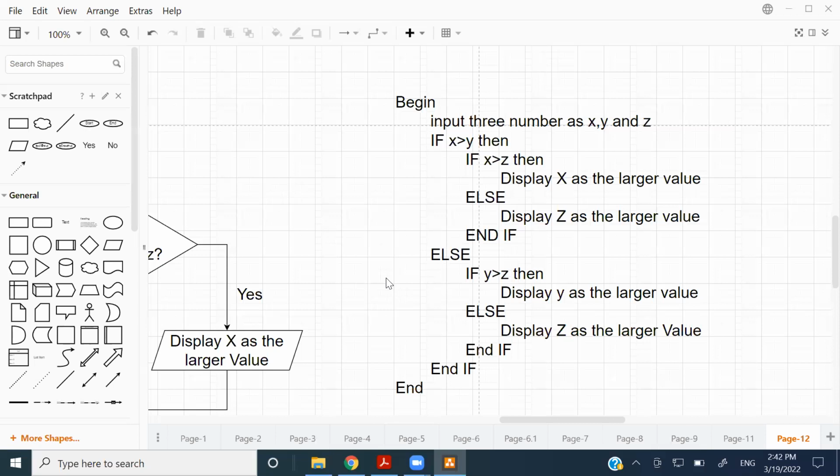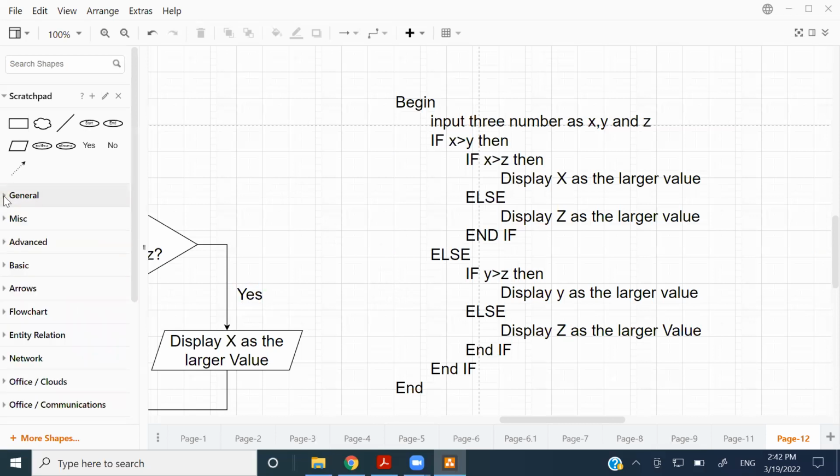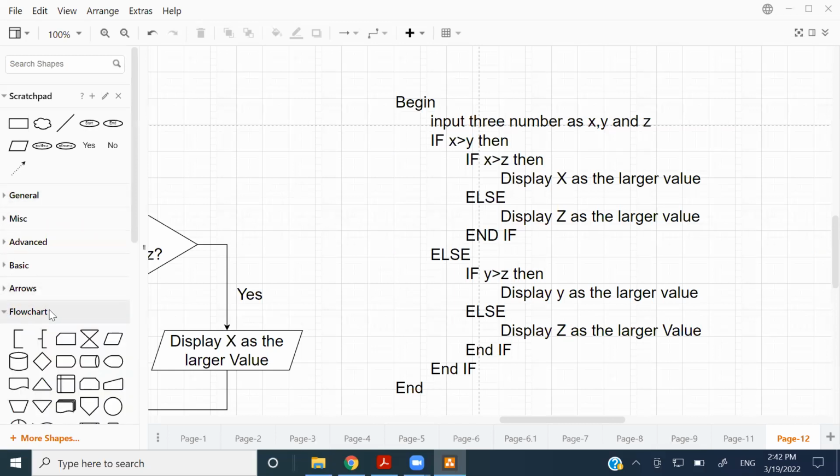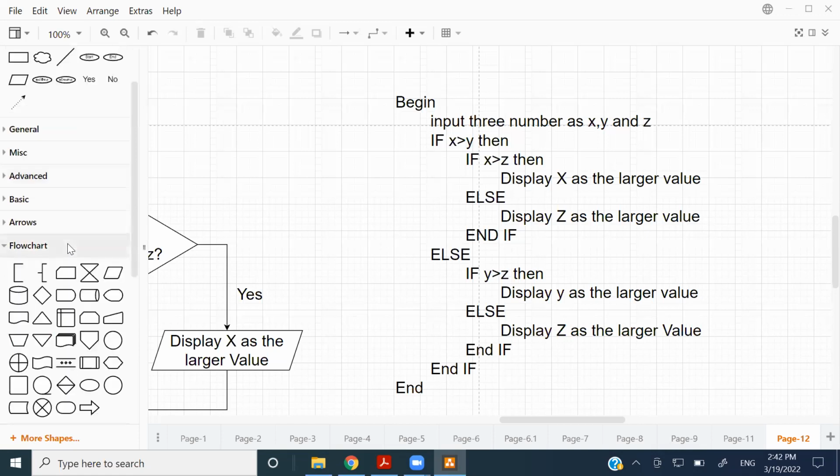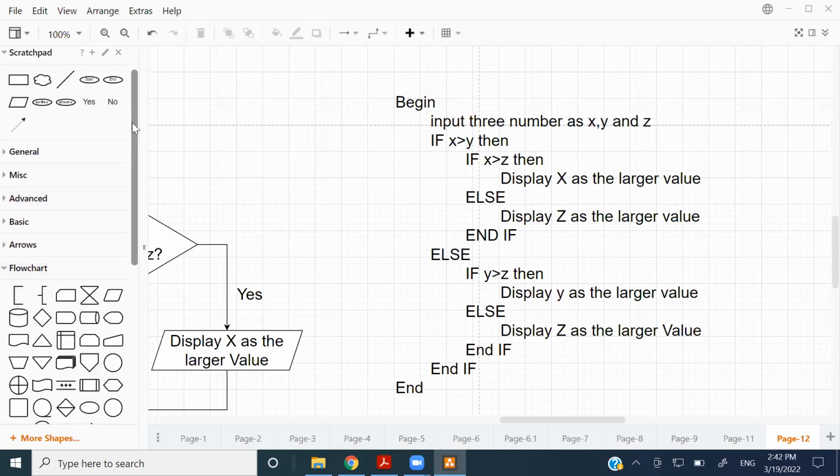Anyone who is still copying or marking the things from the screen? Okay, so let's move forward.